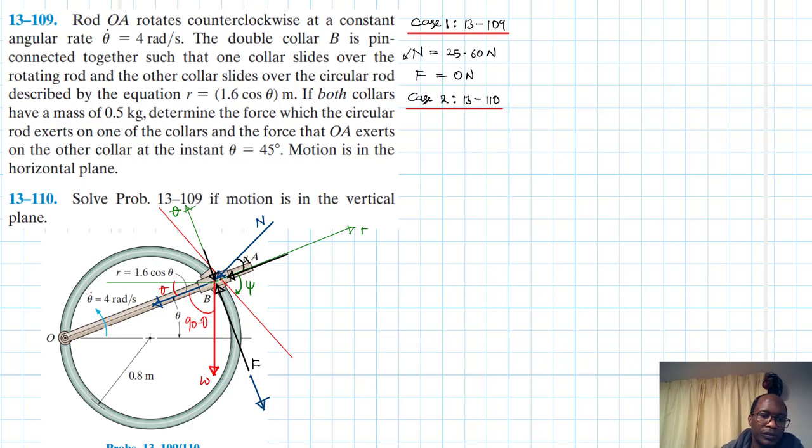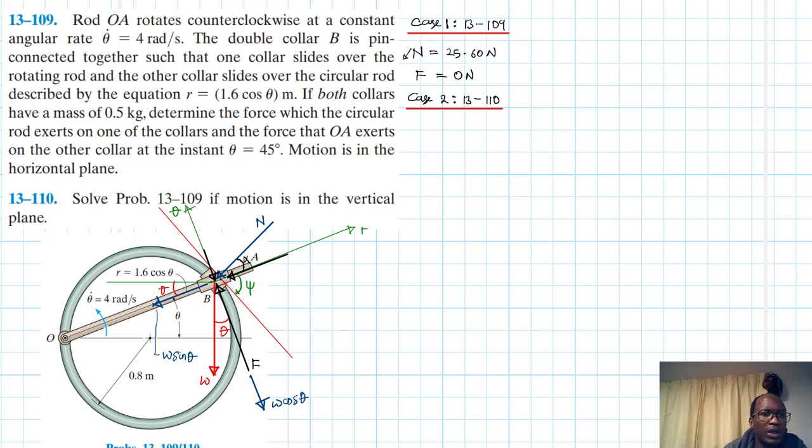So let's write down those angles. This one here will be theta, so this becomes W cos theta, and this one becomes W sin theta.